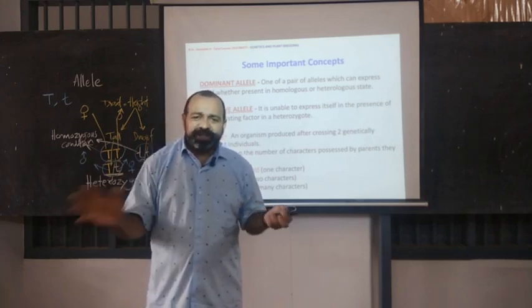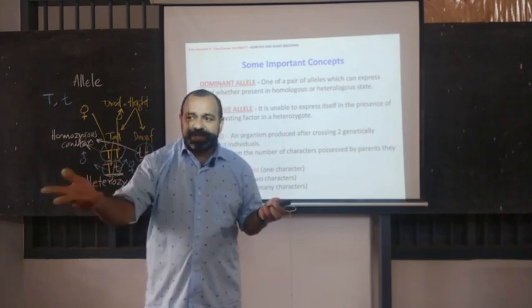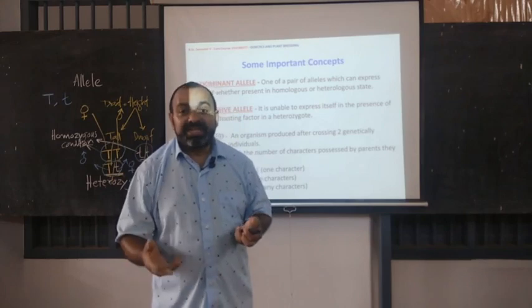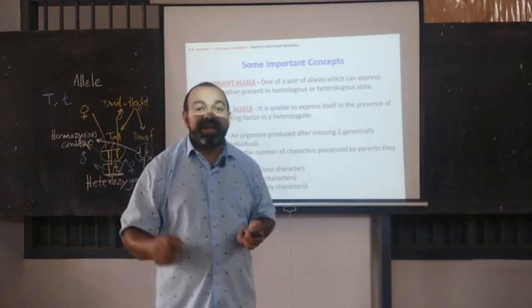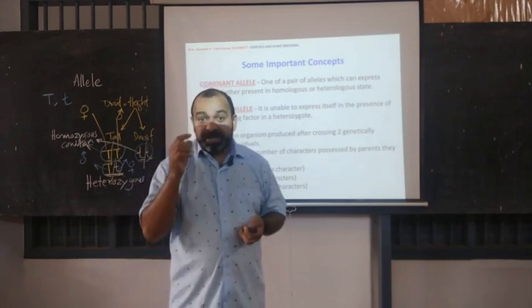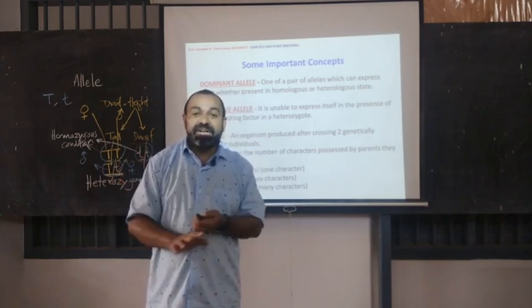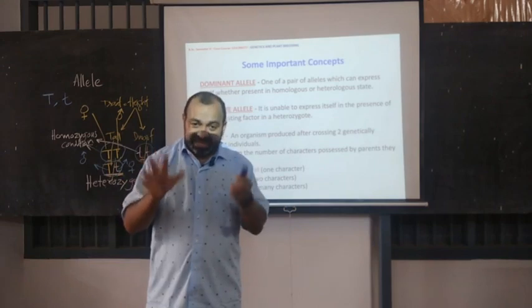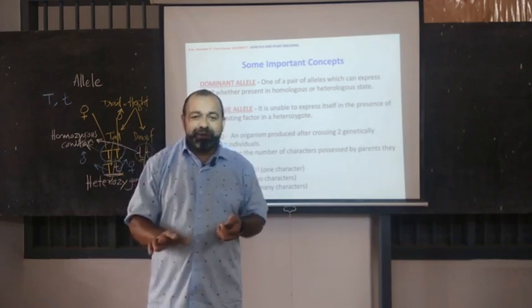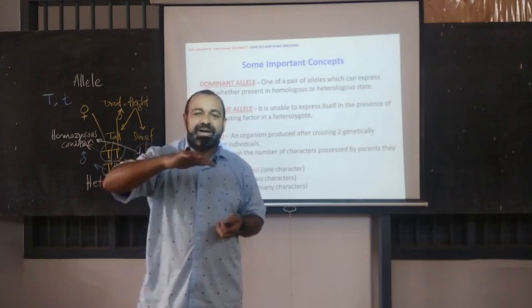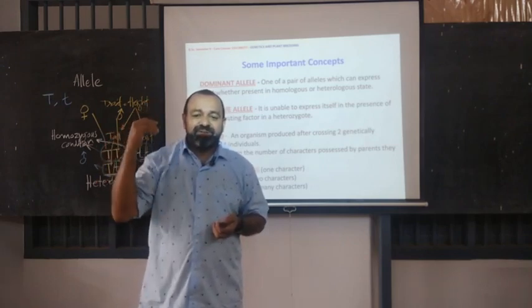And the one which is not expressed in the immediate progeny is called the recessive allele. A recessive allele doesn't mean that it is dead or deleted. It is present there, but it is not expressed. It is dominated by the dominant allele.